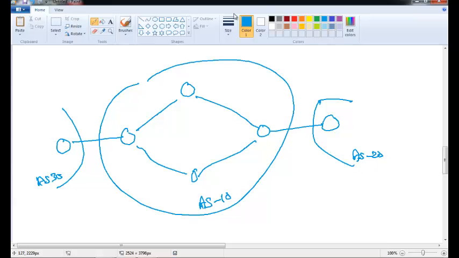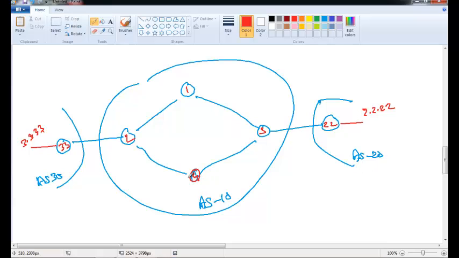Now we have a network behind 30 called 3.3.3.3, and a network behind this one called 2.2.2.2. Let's say this is router number 33, this is router number 22, and this is 1, 2, 3 and 4.